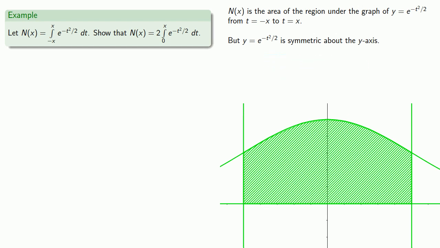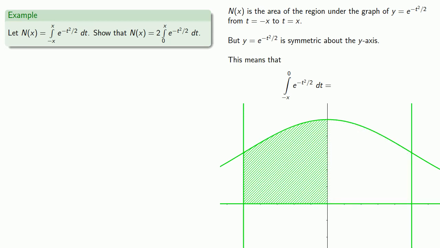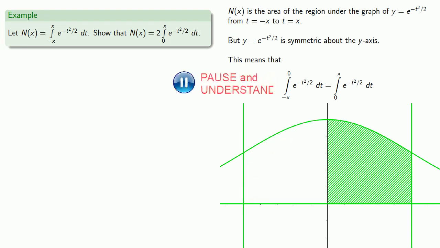And the beautiful thing about symmetry is that it tells you some things are equal. In this particular case, it tells us that the integral from minus x to 0, the area of this region, must be the same as the integral from 0 to x, the area of this region.